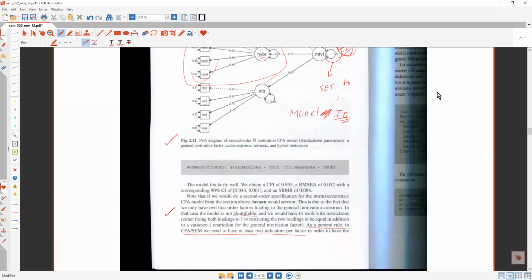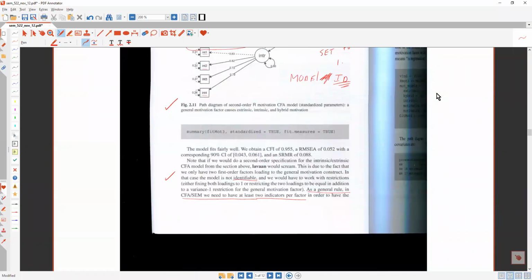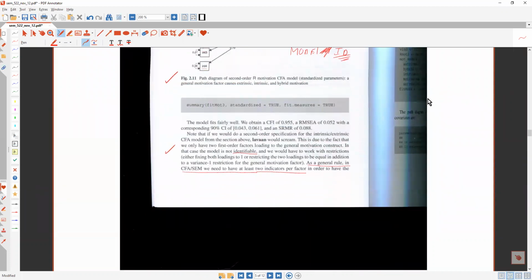Okay, so let's move on here. And this is where Meir talks a little bit about that identification issue that we were referring to, about identifying those parameters right there. So when you think about this, you're thinking about this in terms of restrictions, right?